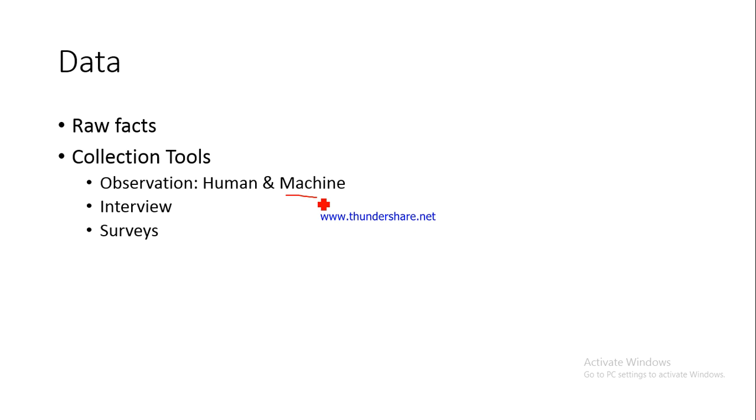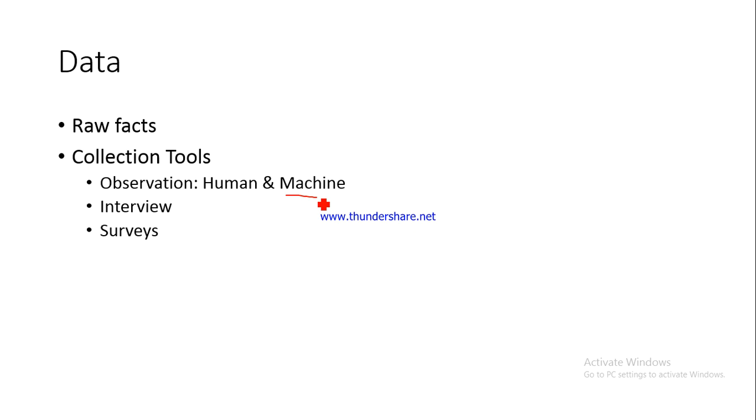Now for example, in organizations generally machine observation is used a lot. For example, the biometric device which has been installed in our college to record the attendance of the teachers, and which is also going to be now installed to record the attendance of the students. Please understand, this is an example of machine observation.